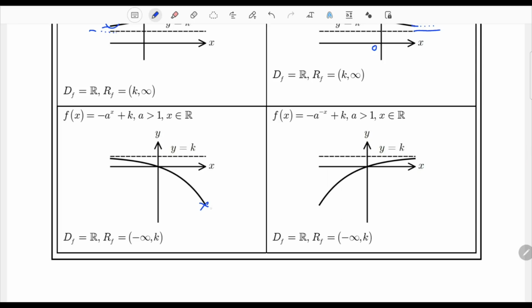See the outer point. Here your x is positive, but this negative actually refers to the f(x). This is for the horizontal asymptote. So this is actually f(x) equals negative of a to the power of x.